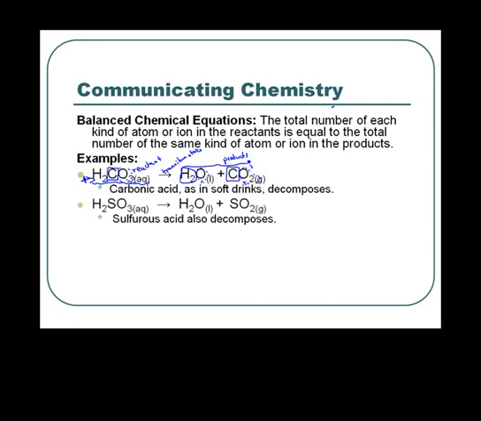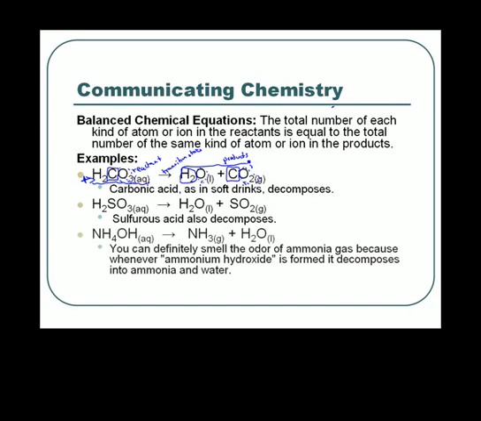Sulfurous acid can also decompose. If you take a look, the number of hydrogens on either side of the arrow is the same, the number of sulfurs on either side of the arrow is the same, and the number of oxygens on either side of the arrow is the same. Another reaction, we know something happens with this one. Every time ammonium hydroxide goes into water, it decomposes into ammonia and water.